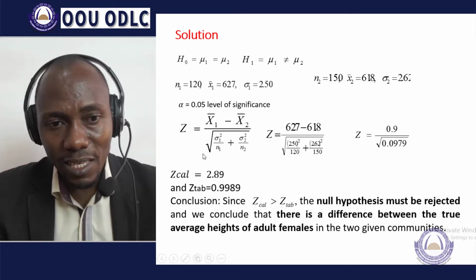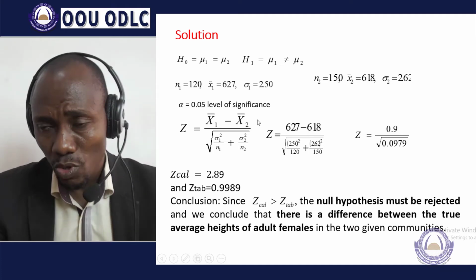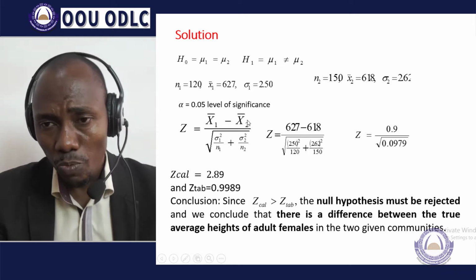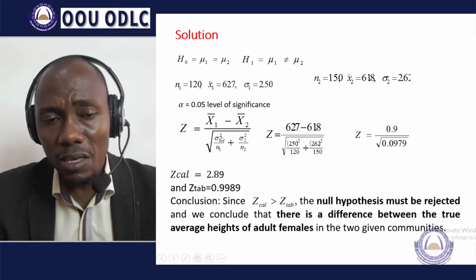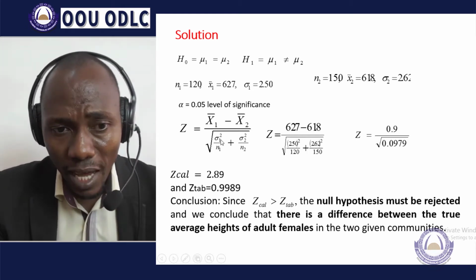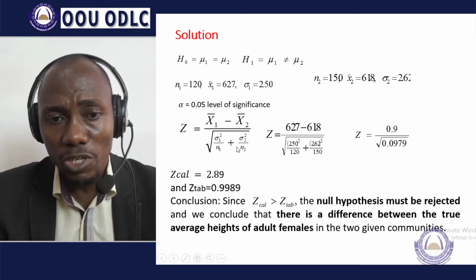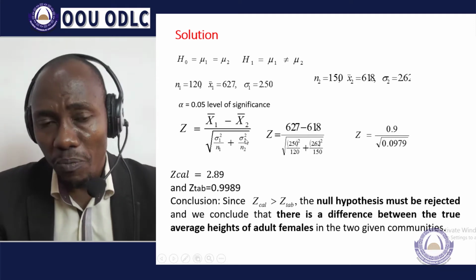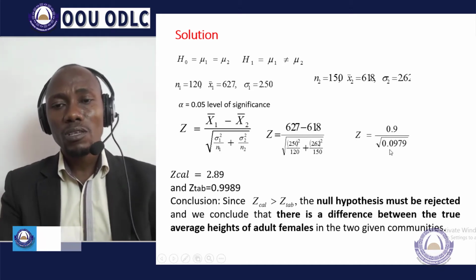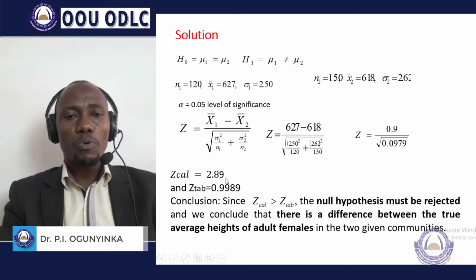So the appropriate test statistic is given as Z equals, at the numerator we have the difference between the sample means of the two populations, and at the denominator we have the square root of the variance of the first population divided by the sample size from the first population plus the variance of the second population divided by the sample size from the second population. When you substitute into the appropriate statistic, you have the calculated value of Z to be 2.89.